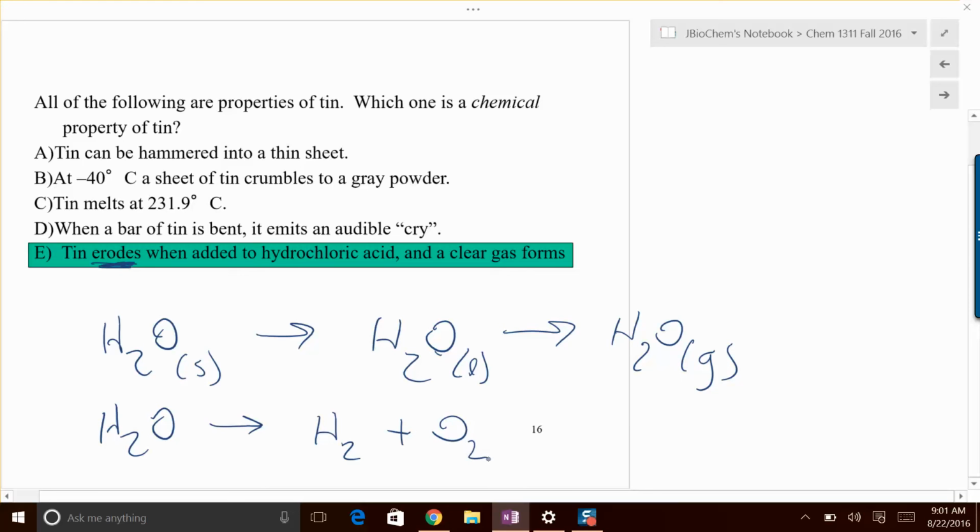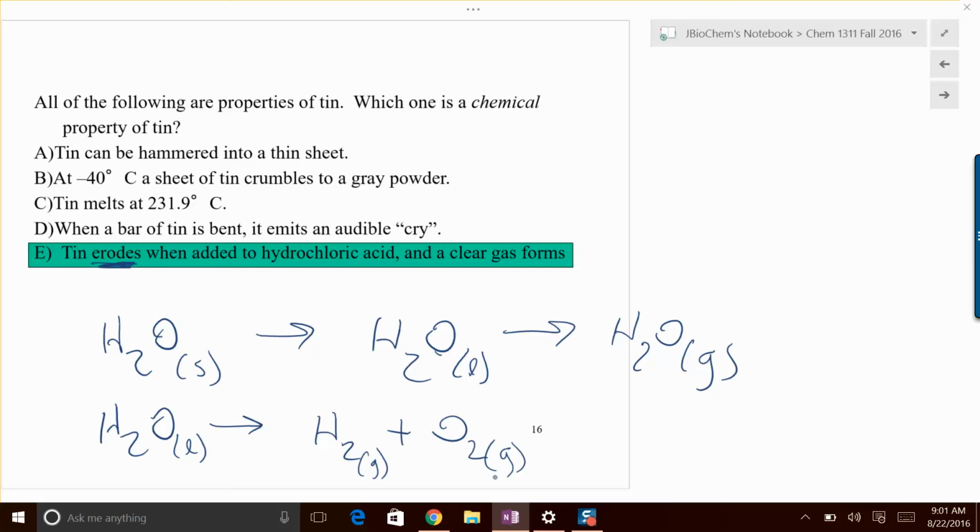Okay, if I do that, that's what type of change? Chemical, because it's no longer water, right? Is it still water? No, it's not water. It has become something different. It has gone from water to hydrogen and oxygen. Once that happens, that is a chemical change.